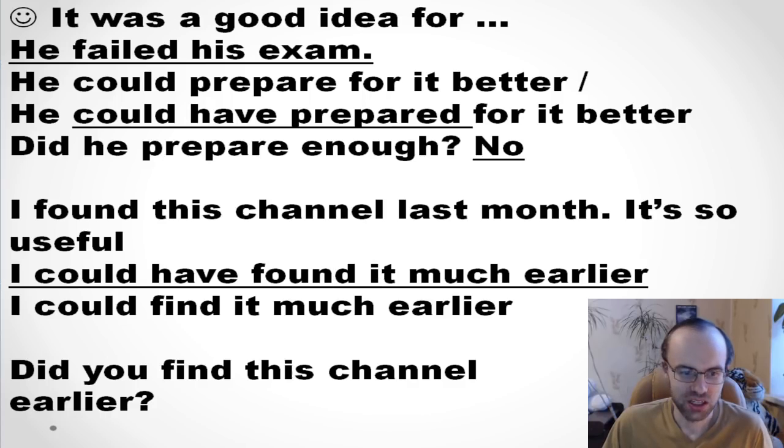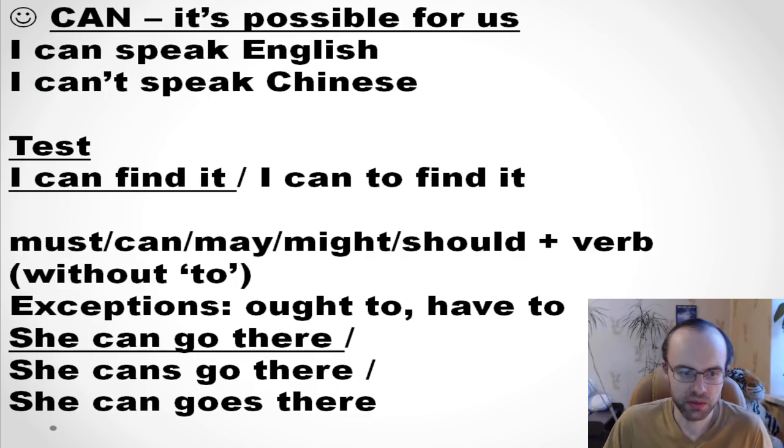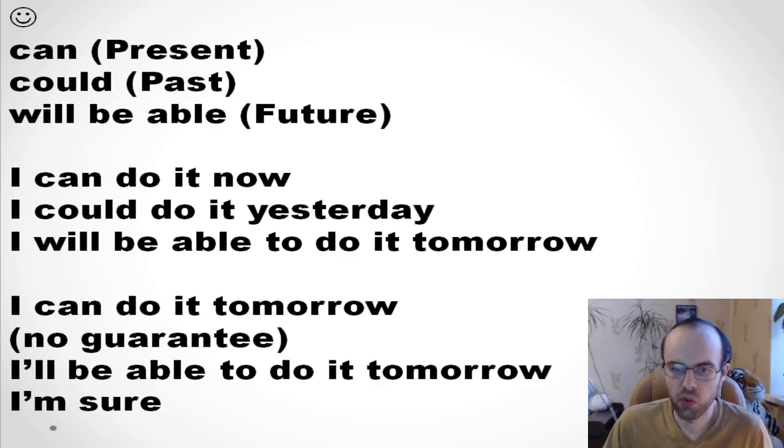Good. Okay, next. You know that we can use can when we talk about the present. Could for present and past, could have for past. But let's understand what we use when we talk about the future.